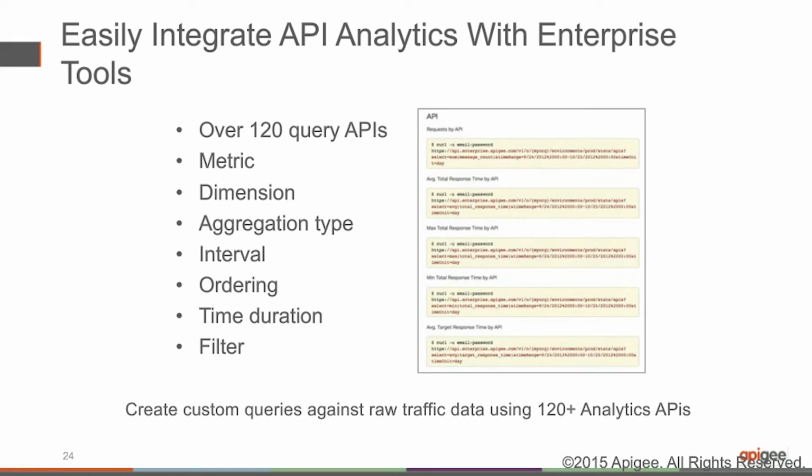There are going to be many times when you use your own dashboards. You have your own portals where you want to report and present the charts. So being an API company, we provide you an API into the analytics platform so that you can call into these APIs and generate the queries and take that data and publish them into your own dashboards. So we publish our own APIs? Exactly. So as Arvind pointed out, Apigee practices what we preach, and this is an additional way where you can work with it.